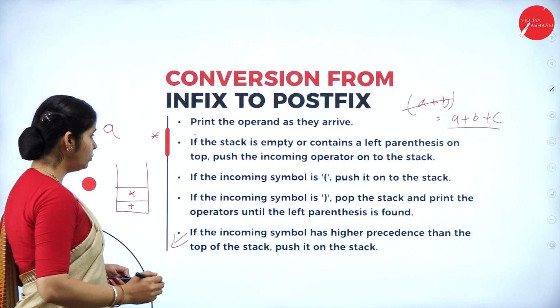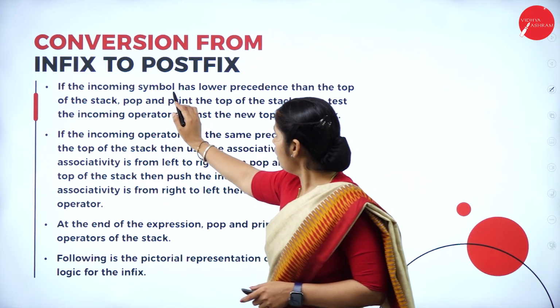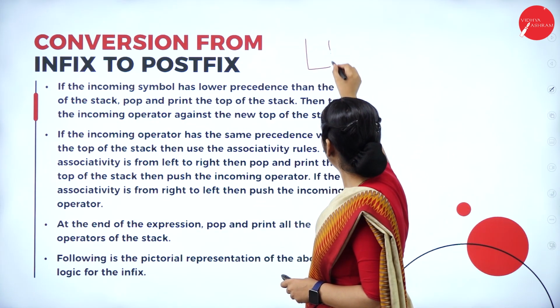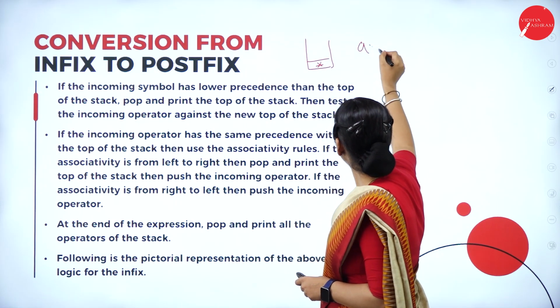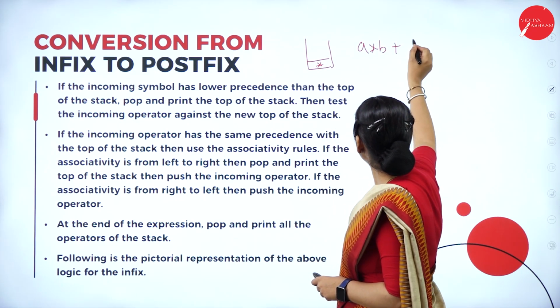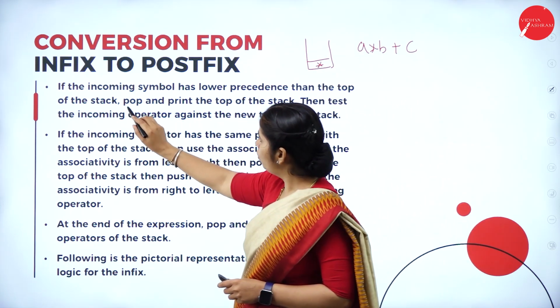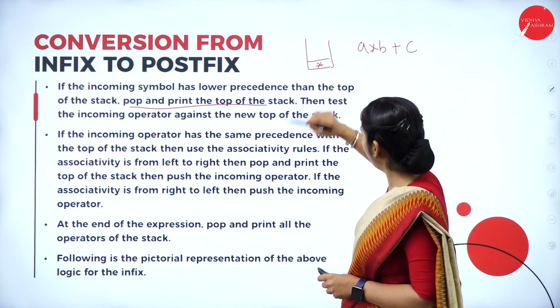But for the next step, if the incoming symbol has a lower precedence, that's what we have taken in this particular case. If I have a star inside, A star B plus C, then what do we have to do? Pop and print the top of the stack. This is the top of the stack.